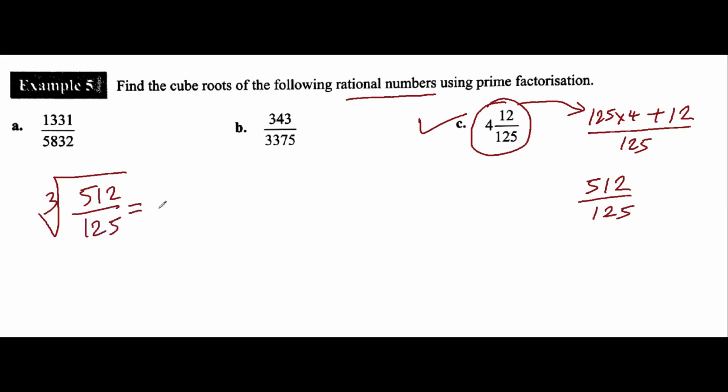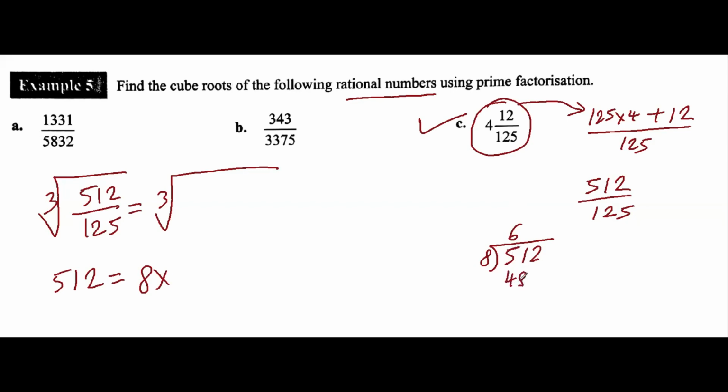Now for the cube root of 512, I need to find the factors. 512 will be divisible by 8. 512 divided by 8: 8 fives are 40, 8 sixes are 48, and so it is 64. 8 eights are 64, so I will get the factors like this.